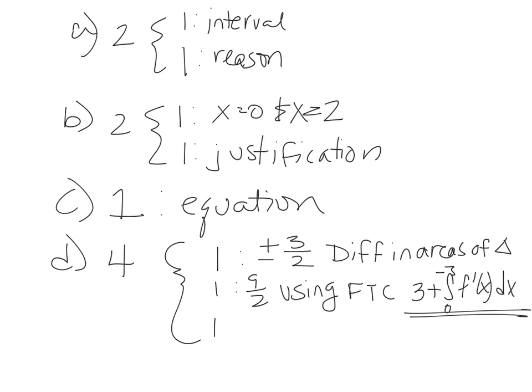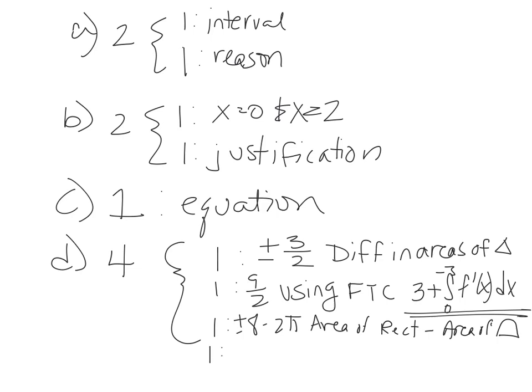And then you get 1 point for giving, let's see, what was it? 8 minus 2 pi, and they will take that plus or minus. That's the area of the rectangle minus the area of the semicircle.